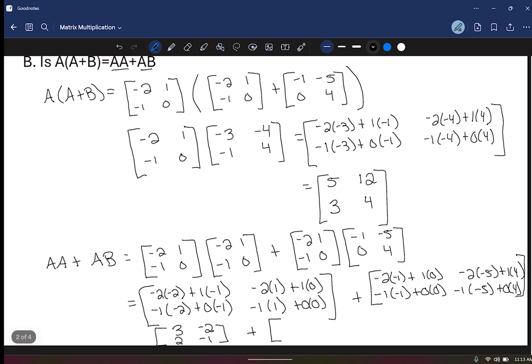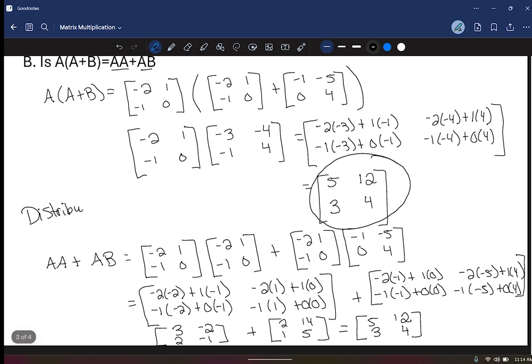That's going to give us 2, 14, 1, and 5. And if I add those together, 3 plus 2 is 5. -2 plus 14 is 12. 2 plus 1 is 3, and -1 plus 5 is 4. And that is exactly what we got when we did A times (A plus B). So, distributive property is true.